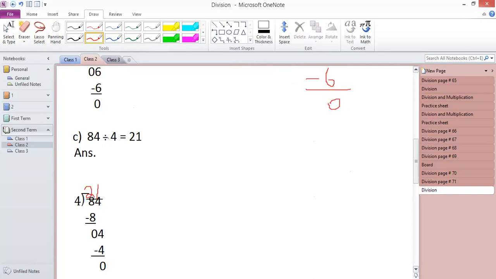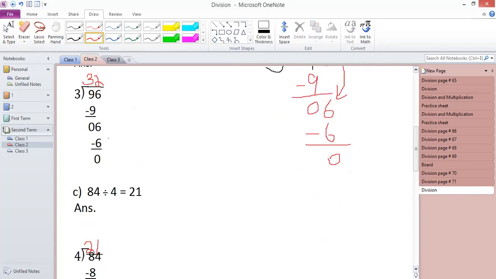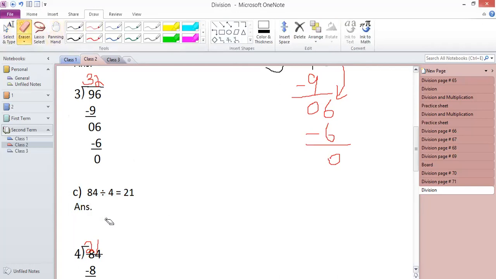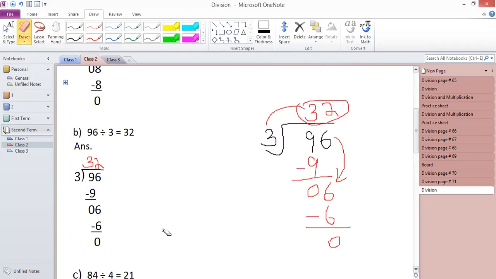The next question is 84 divided by 4. This is the next question. Guys, did you complete A and B in your notebook?